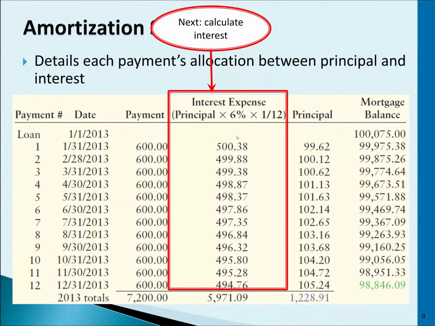And let's double check the author's math. Is the principal amount of $100,075 times 6% times 1 divided by 12 equal to 500.38? Go ahead and check on your calculator. That should work out to be 500.38. Of course, this is currency, so we have to round to 2 decimals.